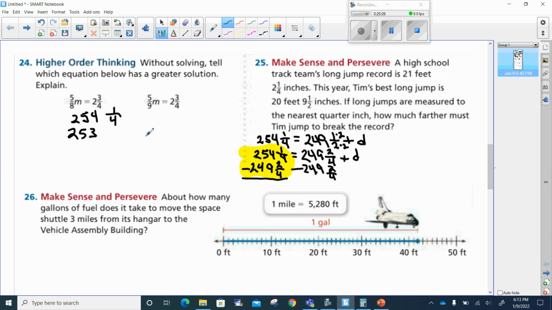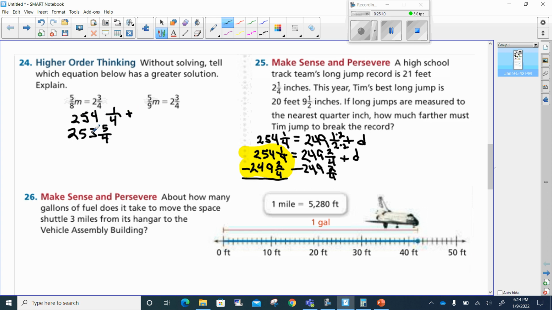Now, when I do this, you're going to see that this 1/4 here allows me to take one of these, which is 4/4, and add it up here. So it's going to become 5/4. Now notice, because I took one from here, I'm taking a whole number. That's like adding one whole one, right?